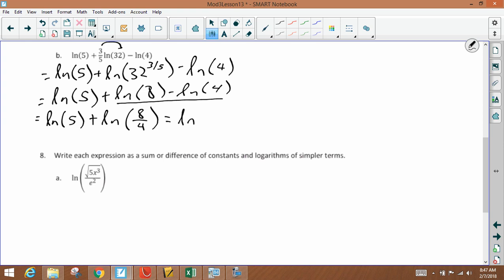That's going to become natural log of 5 plus natural log of 2. And then I multiply those, and I get that this is the natural log of 10, and I have written it as a single logarithm.